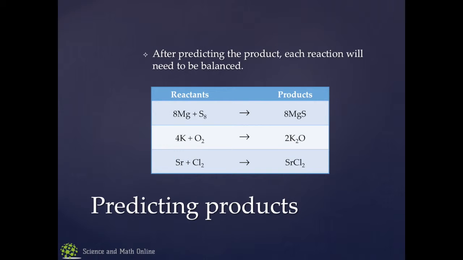However, you need to do that with the counting. As you get more and more comfortable with balancing, you can do the counting in your head without having to write it out underneath the equation. So if you're getting comfortable with it and you don't feel like you need to count it out underneath the reaction, then don't. I do it by looking at it. I'm like, all right, K2O, so I need 2 of these to balance the oxygen.